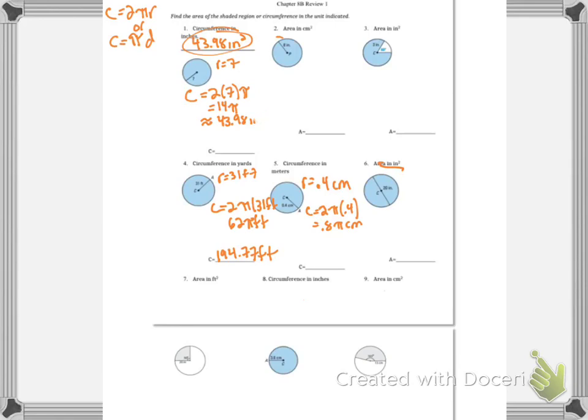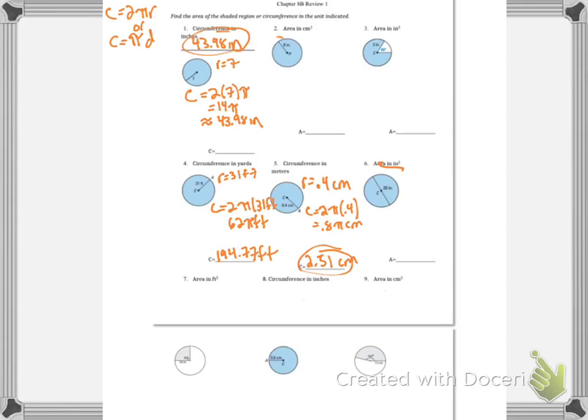I apologize. We're just doing circumference. So these should just be in inches, no square, because this is like perimeter. So it should just be inches. These should just be feet. And then on number 5, it'll just be centimeters. So when you put that into your calculator, 0.8 times 3.14, we end up with 2.51 centimeters.